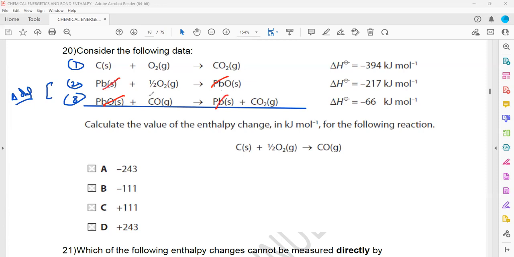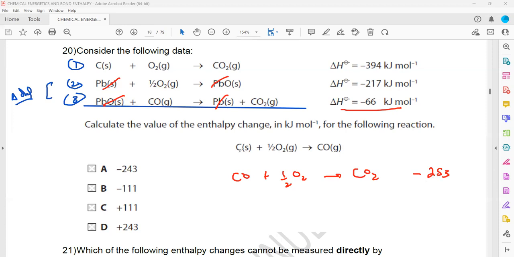So after adding 2 and 3, what are we left with? We are left with carbon monoxide and half oxygen, and it gives carbon dioxide. And when we add these two equations, because we are adding, it is minus 217 minus 66, so that will come out as minus 283.